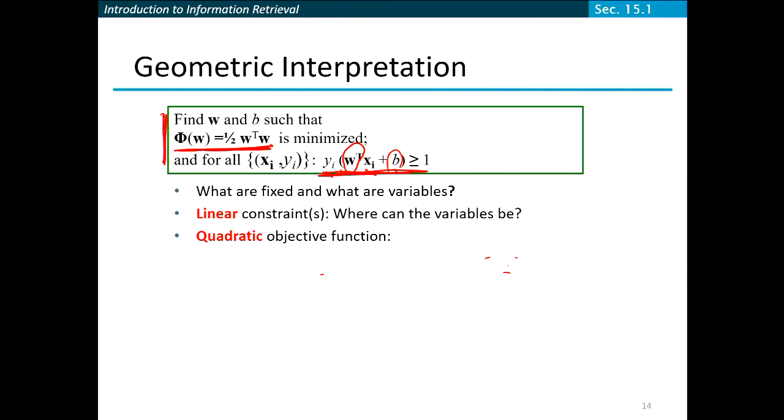For each different i, you just look up the training data set, get the xi and the corresponding yi. So these are constants. Here you really need to change gear: usually we think of x as the variables, but here you need to think of W as the variable.